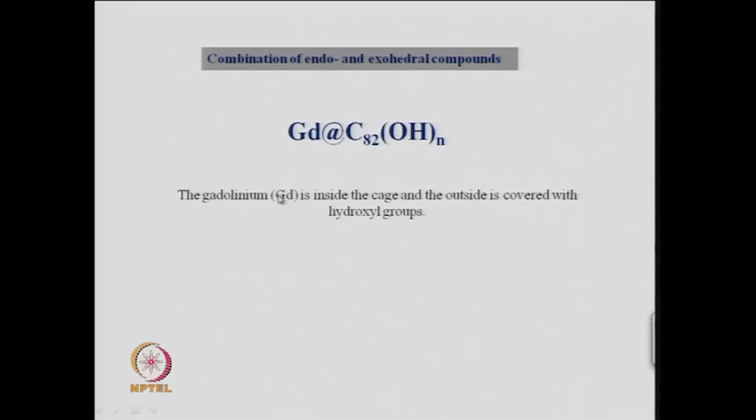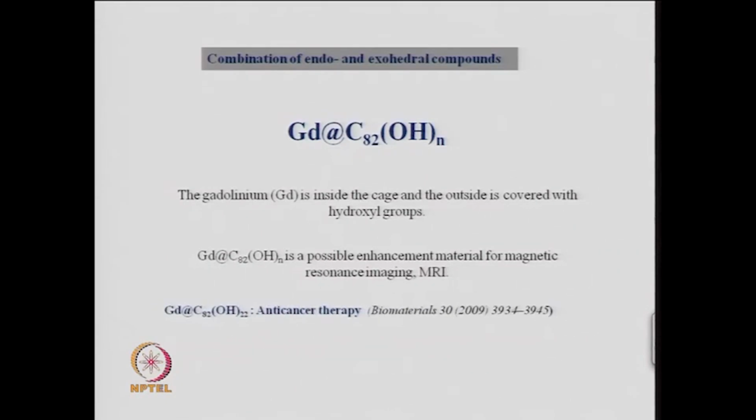So, as I just mentioned, the gadolinium is inside the cage and the outside is covered with hydroxyl groups, and it is a very good material for magnetic resonance imaging. That is what their research has shown, and there is a lot of potential in this material.